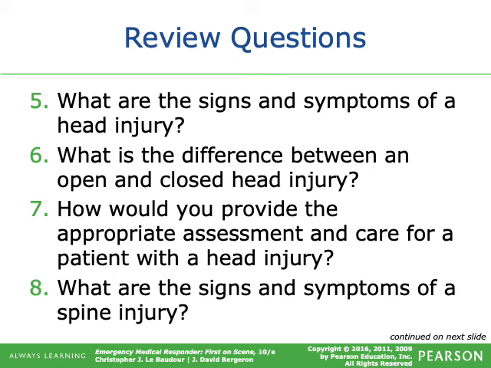How would you provide the appropriate assessment and care for a patient with a head injury? It's just going to depend on how your patient presents. There's too much really to go over in this question to cover all the bases, but you just have to treat the patient depending on how they present. One big thing is if they're unresponsive, you always want to treat them as if they also have a spinal injury. What are the signs and symptoms of a spine injury?